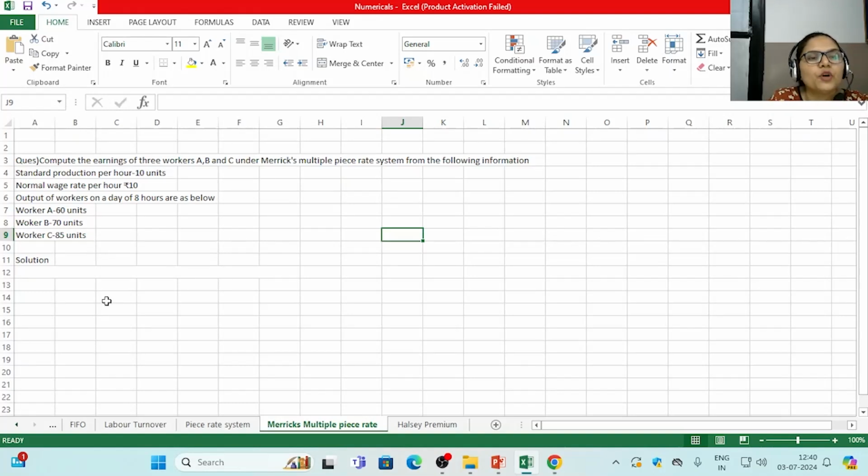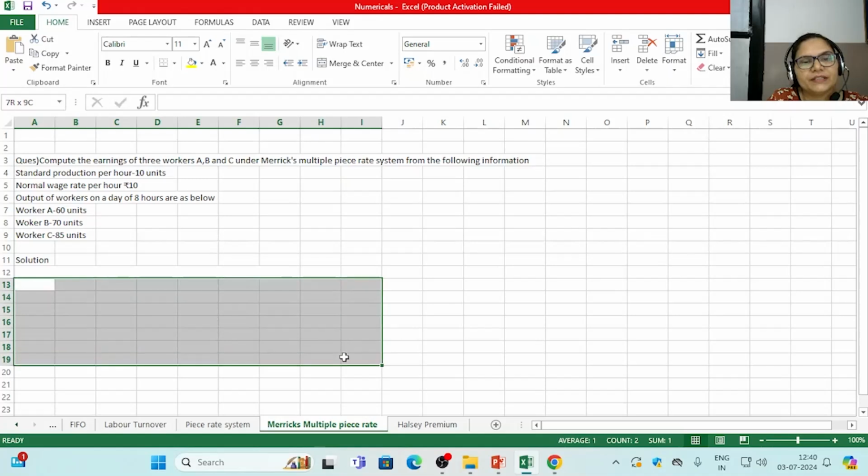Before calculating the earnings of a worker, first we need to do certain basic calculations. First, we will identify the normal piece rate.